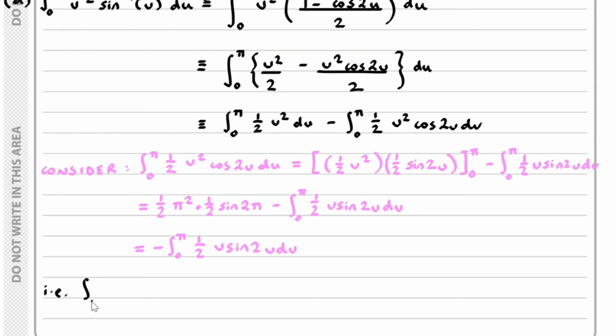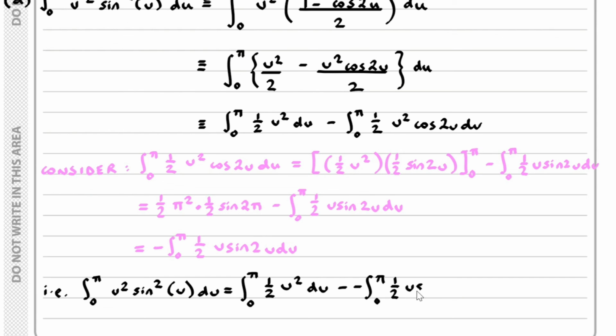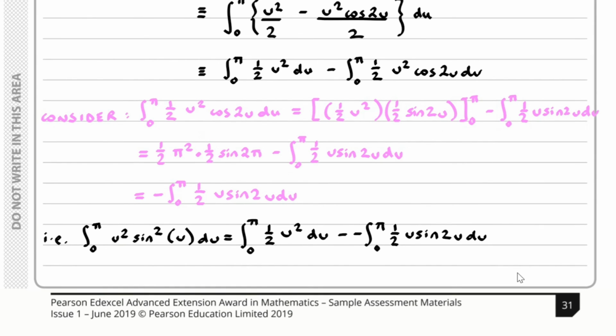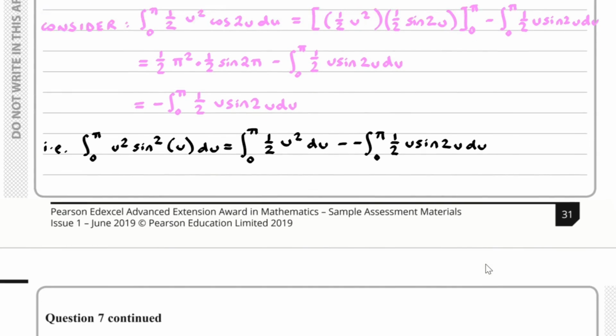I can say then that the integral from 0 to pi of u squared sine squared u du, well, I know that's equal to the integral from 0 to pi of 1/2 u squared du, subtract this result here, and so what we will be left with is the following.